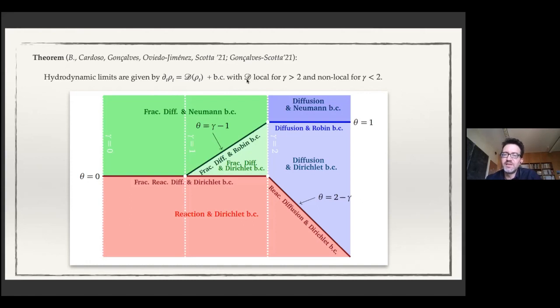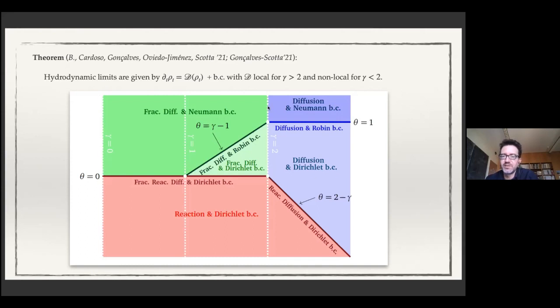While if gamma is less than 2, then D will be a non-local operator, given by a fractional Laplacian. So there is a big transition between the finite variance case, gamma bigger than 2, and the infinite variance case, gamma less than 2. Let me first comment on the case gamma bigger than 2. Here you have two axes: here you have the intensity theta, and here you have gamma.